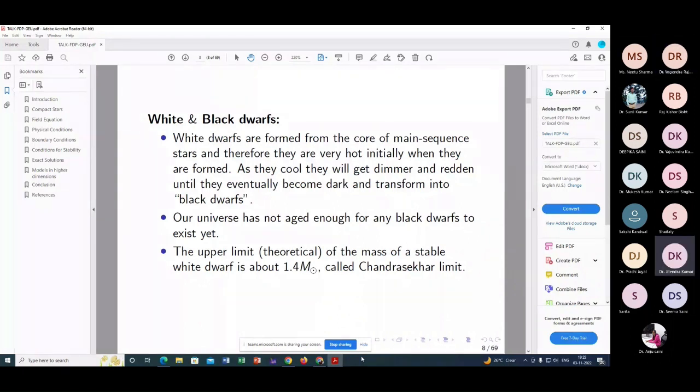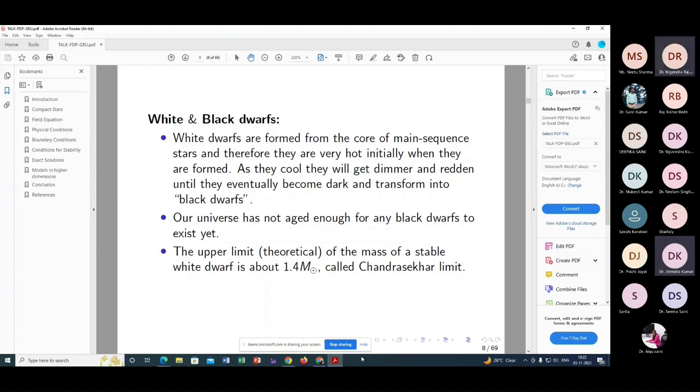White dwarfs are formed from the core of a main sequence star, and therefore they are very hot initially when they are formed. As they cool, they will get dimmer and redden until they eventually become dark and transform into black dwarfs. However, our universe has not aged enough for any black dwarfs to exist yet. Still, we are unable to find any black dwarfs.